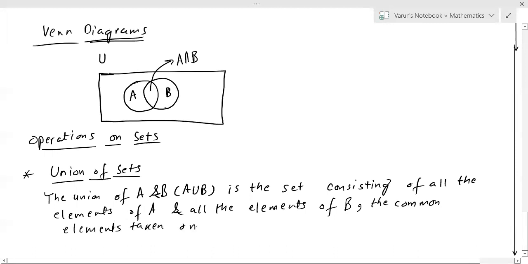So you don't have to repeat the common elements. They are only taken once.